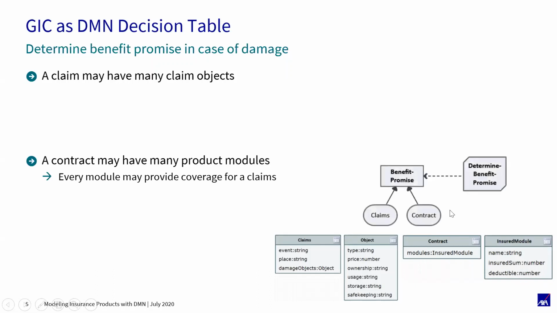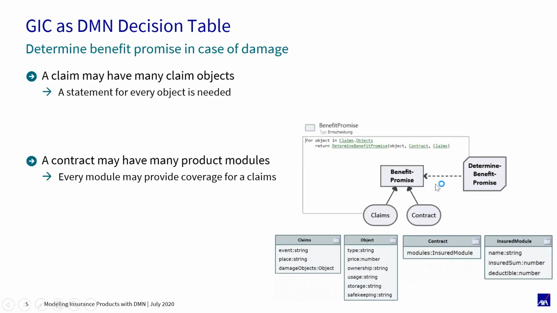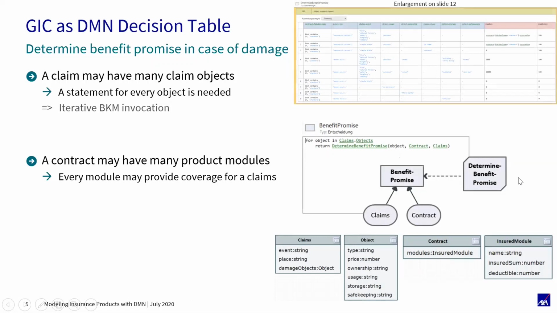So both the claim data and the contract data are needed as input data to decide the claim case. And now for each damaged object, the decision benefit promise invokes a business knowledge model, determined benefit promise, which contains the decision table with the terms and conditions.